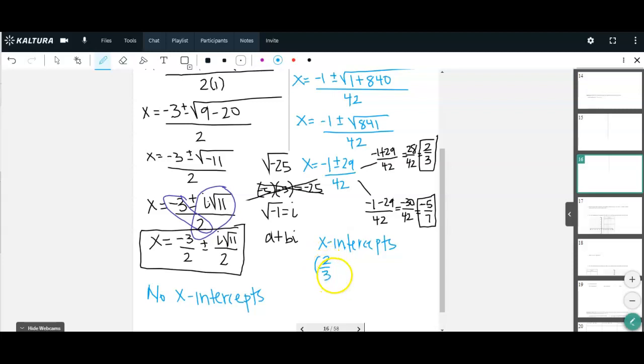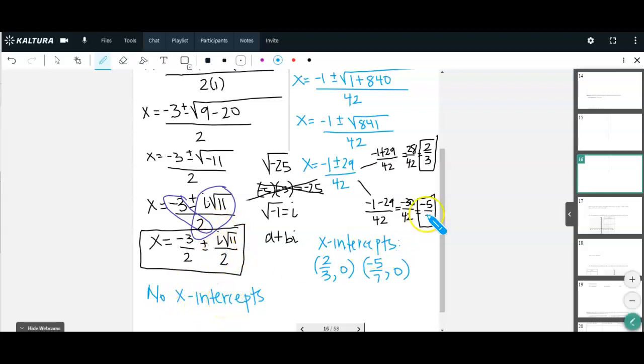I've got 2/3, comma 0 as one of the points on my graph, and -5/7, comma 0 as the other point. So these answers I'm coming up with are x-intercepts. Where is it crossing the x-axis?